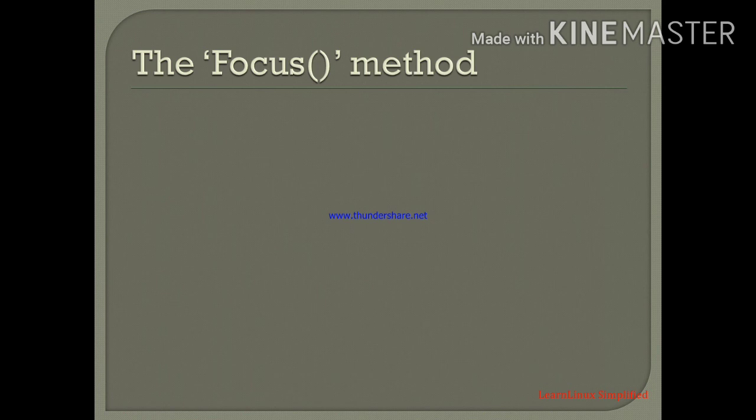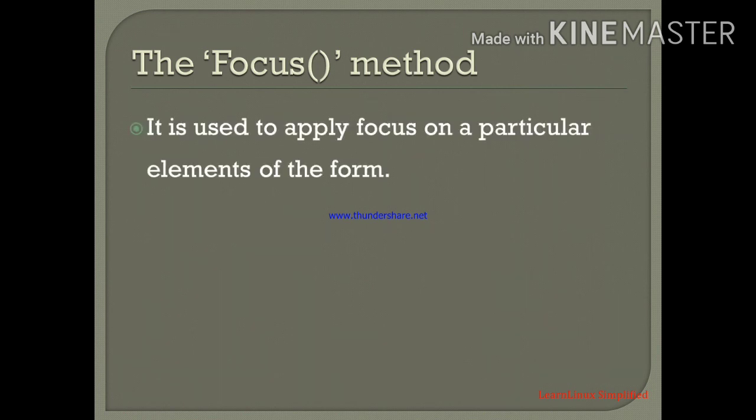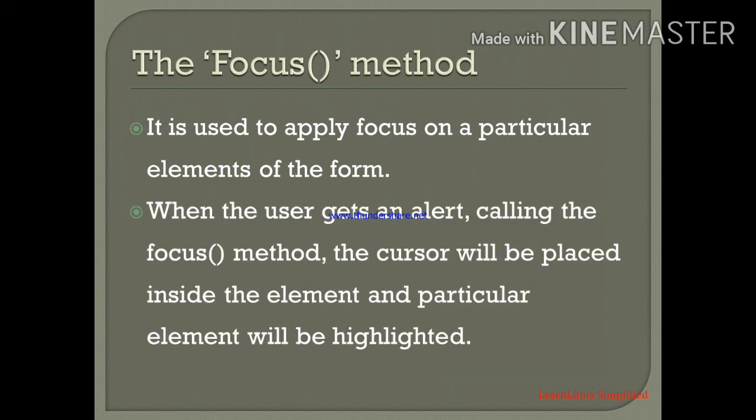Okay, next is the focus method. It is used to apply focus on a particular element of the form. When the user gets an alert, calling the focus method places the cursor inside the element and the particular element will be highlighted. We use the focus method in the script when we validate a particular control, and if the user enters a false entry, then obviously it will get an alert message.